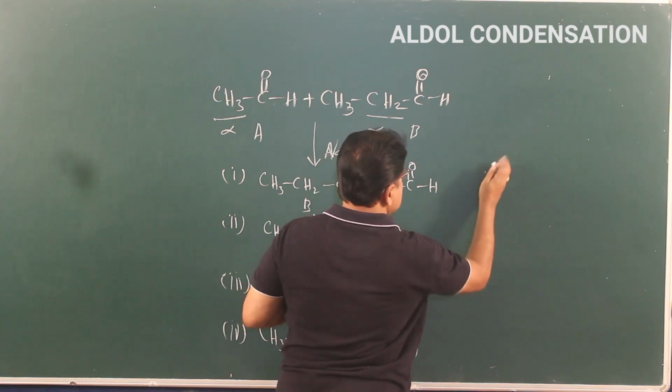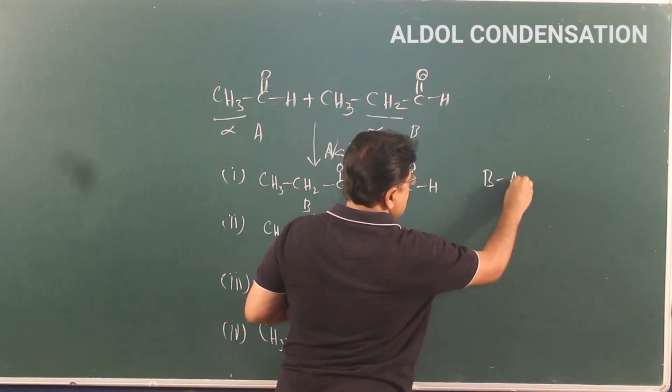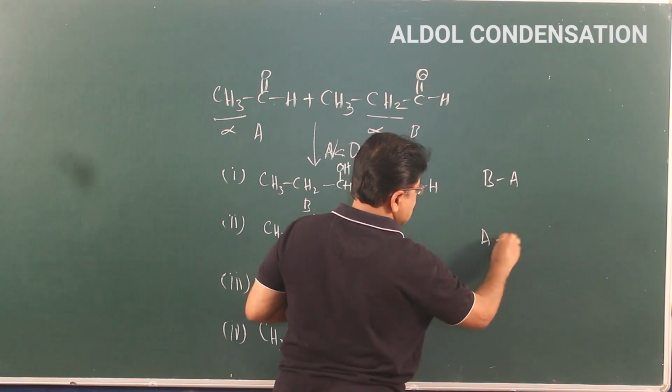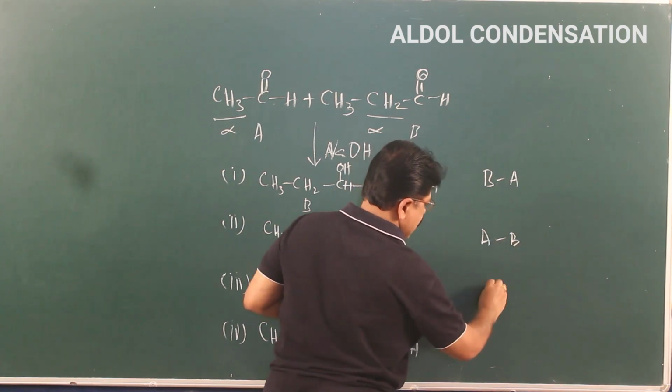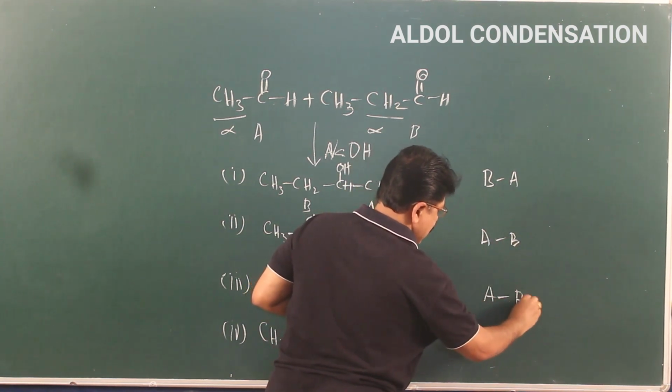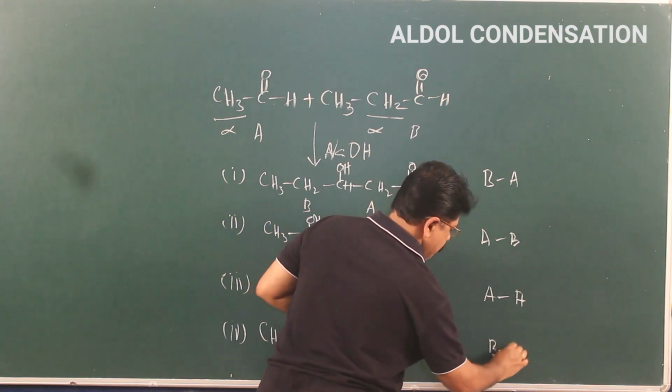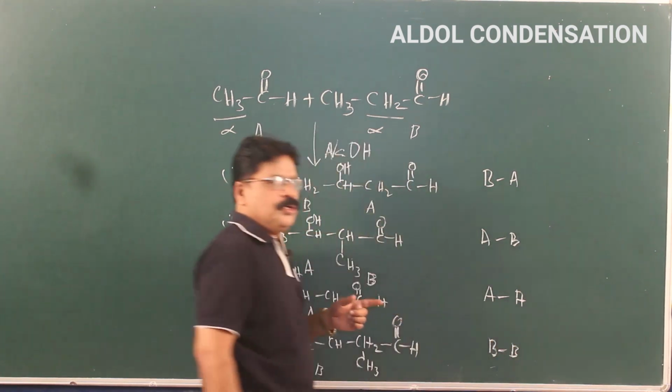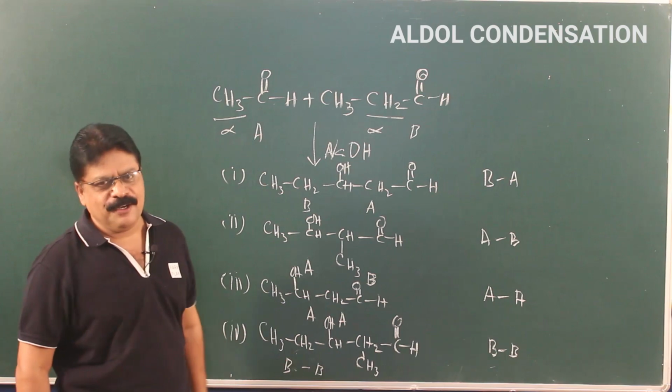One possibility is BA, another possibility is AB, another possibility is AA, and lastly BB. So, you can get four different aldehydes.